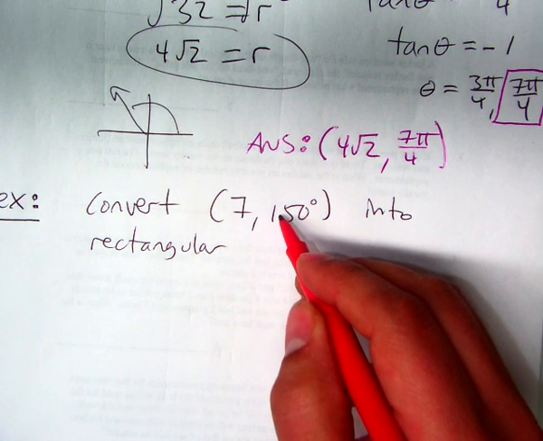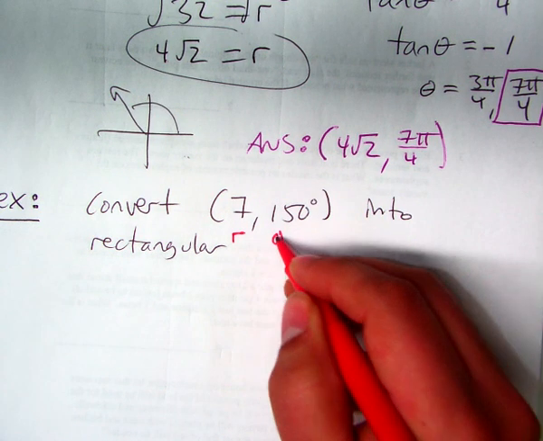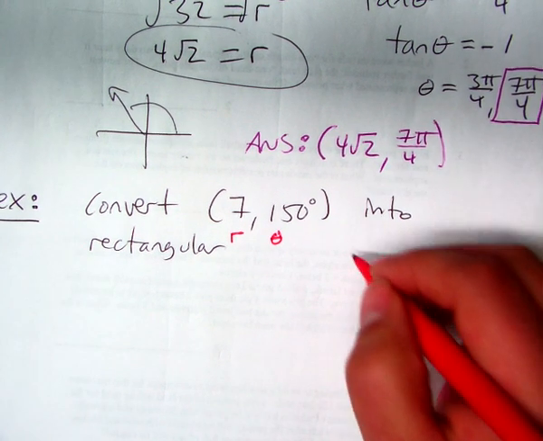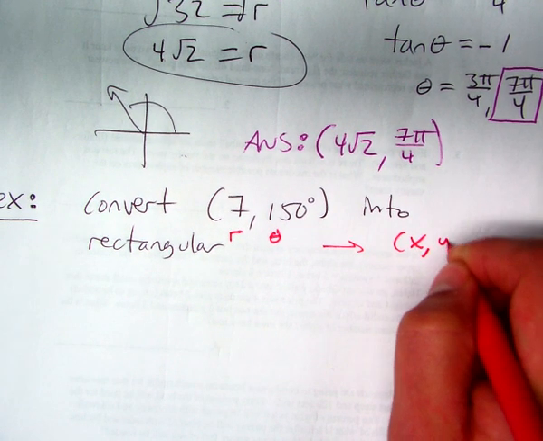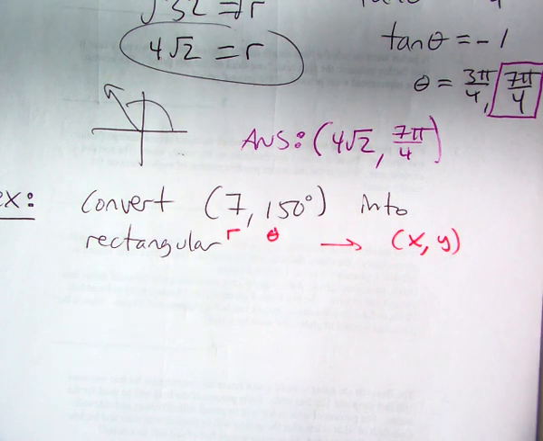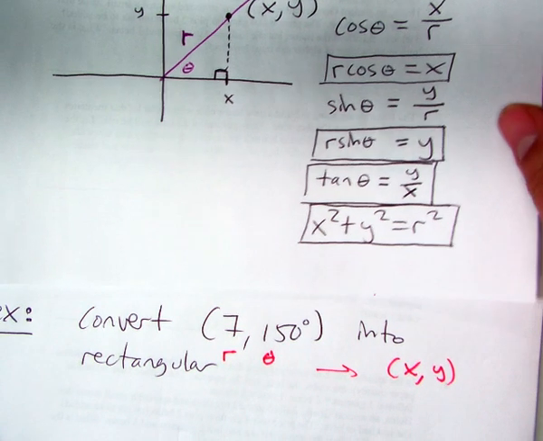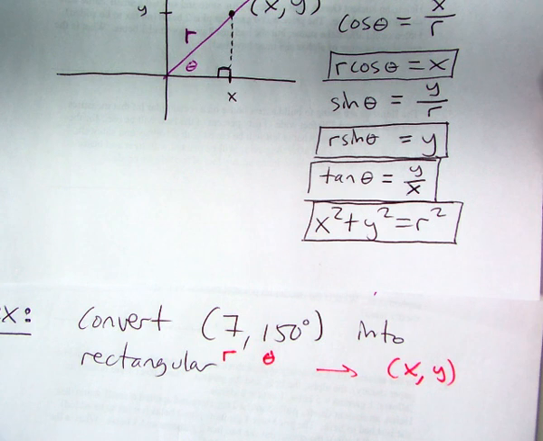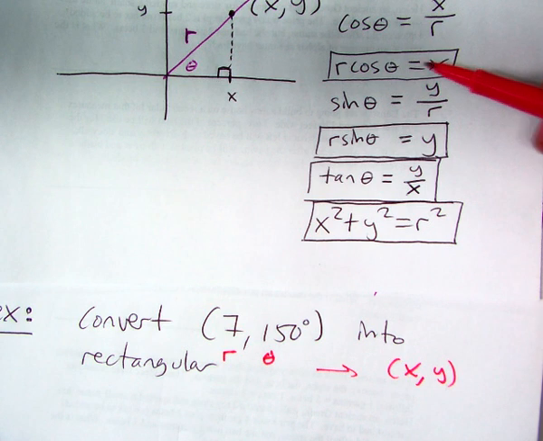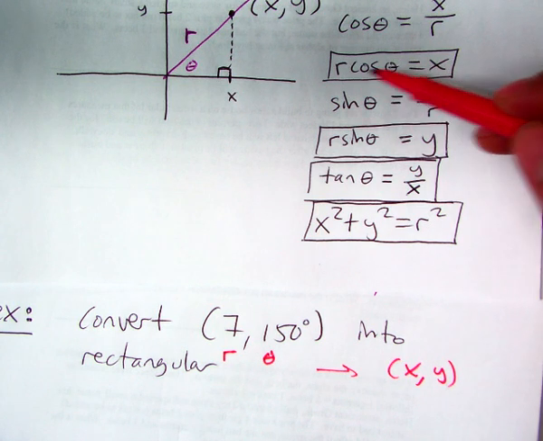A radius and a theta. We want to finish with an x and a y. So if I look at our equations real quick, is there any equation that tells me x equals and y equals that I can just use real quickly? Yeah, right here, these first two. This tells me exactly what x is. All I do is plug in r, plug in theta. We're done. So let's do it.